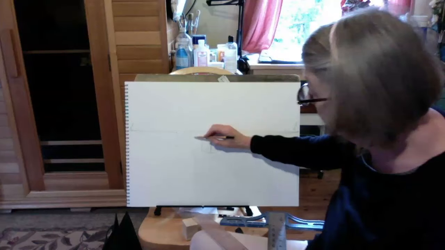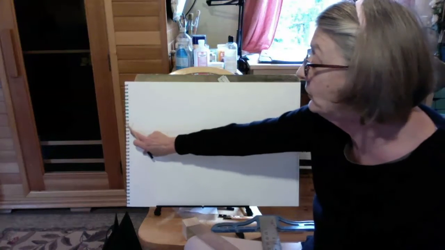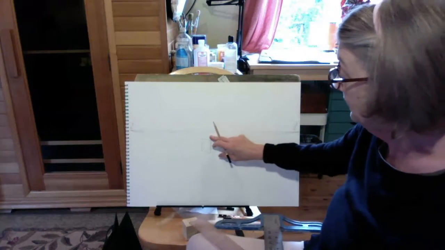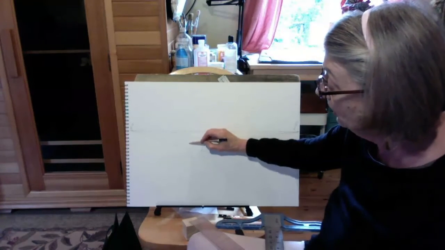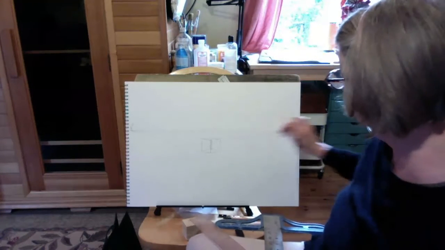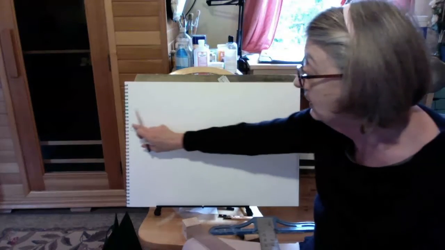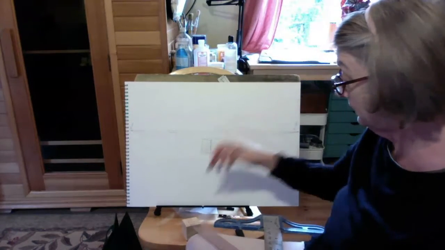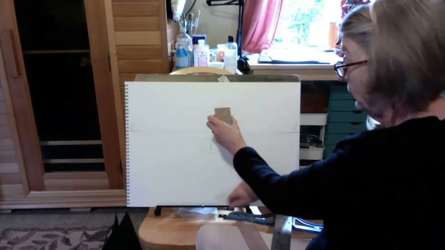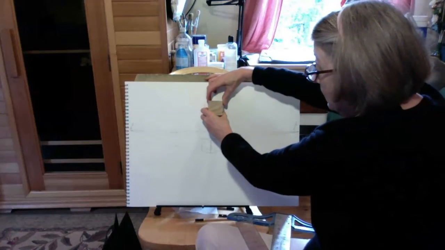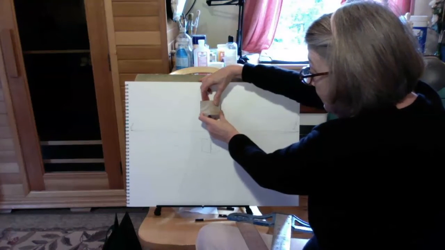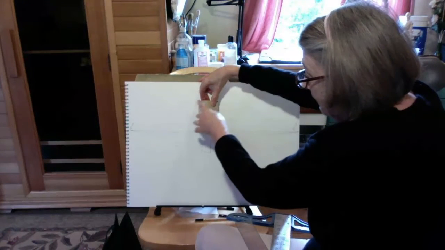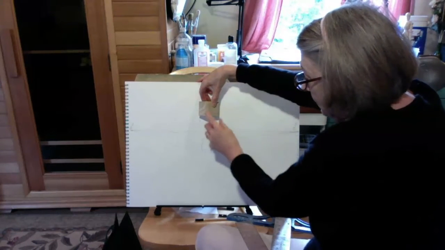Now, this box is going to be closer to the left vanishing point. What that means is that we're going to see more of the side that's going towards the right vanishing point and less of the side that's going to the left vanishing point. Remember when we looked at our cube and we turned it, as it turns like this, that vanishing point is going to come closer in.